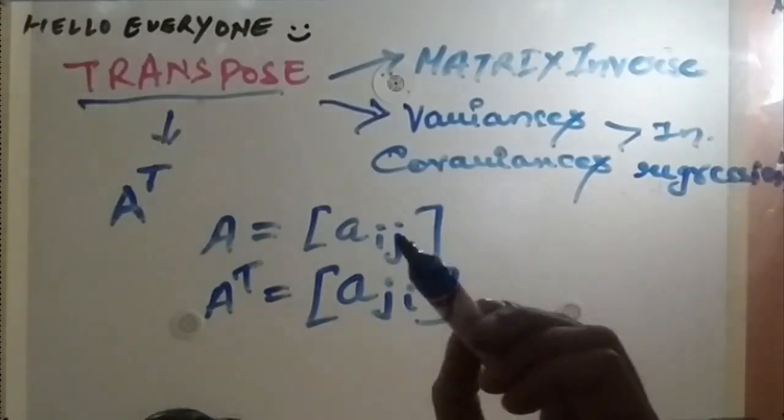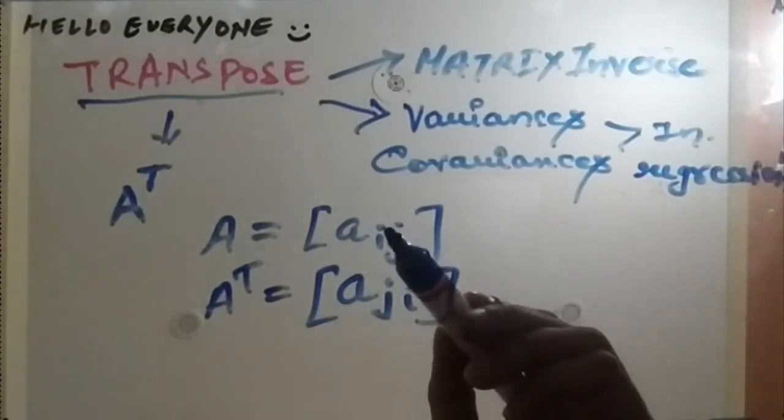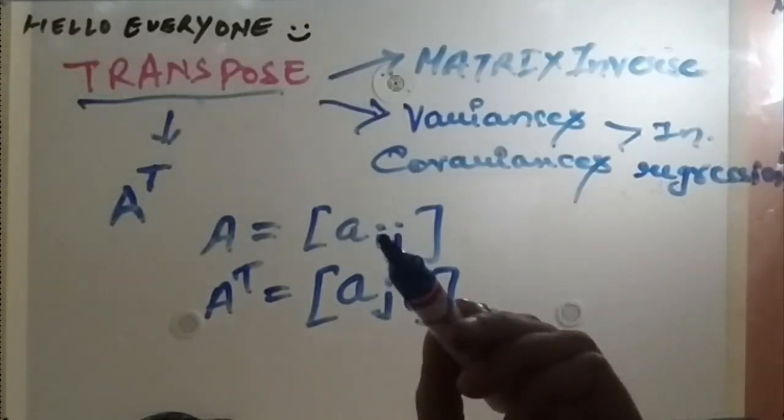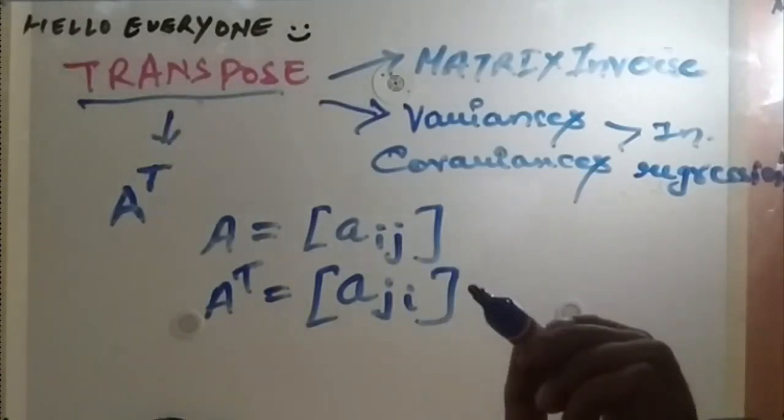You can see here that in i, j and j, i, the position of the element changes, or we can say reverses. Here i changes to j and j changes to i.